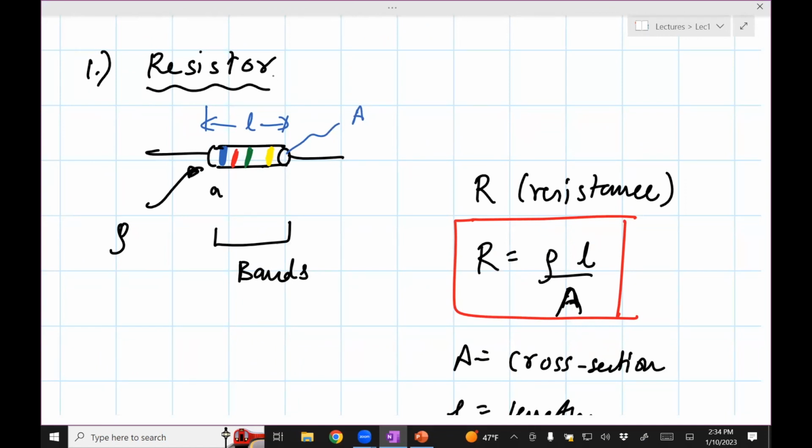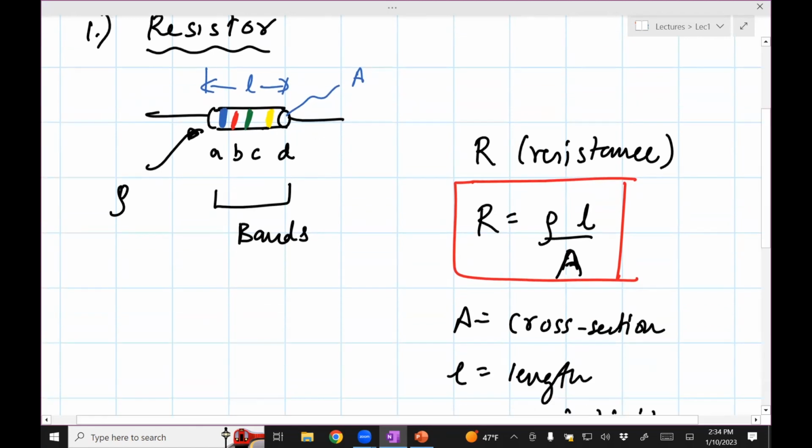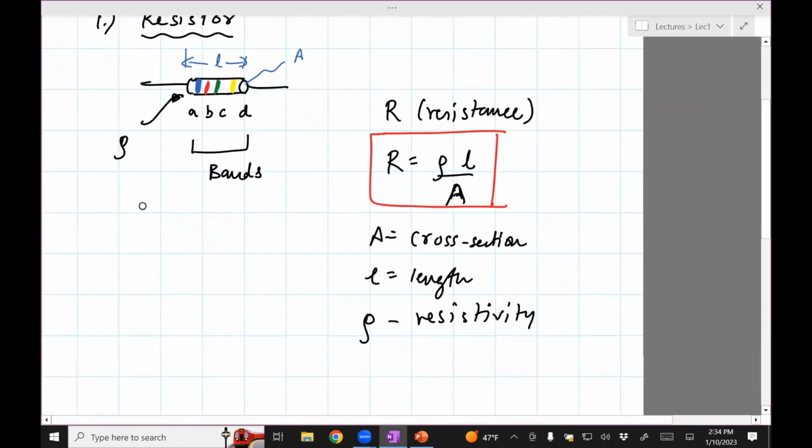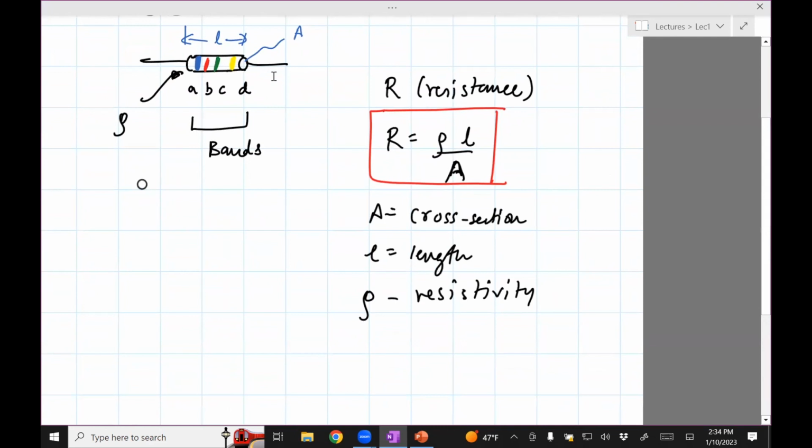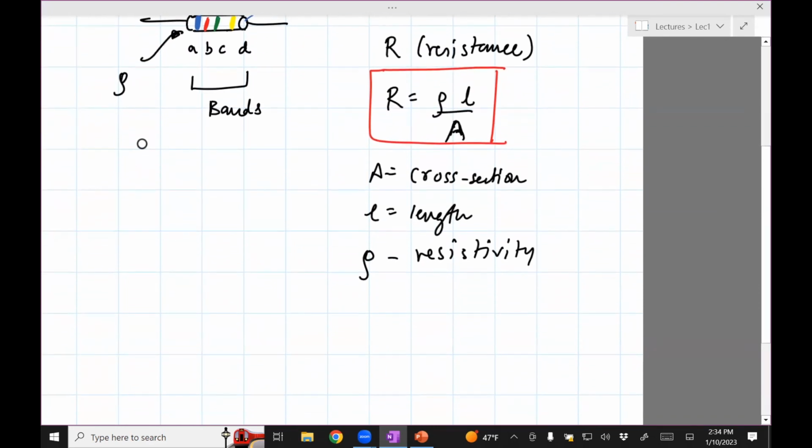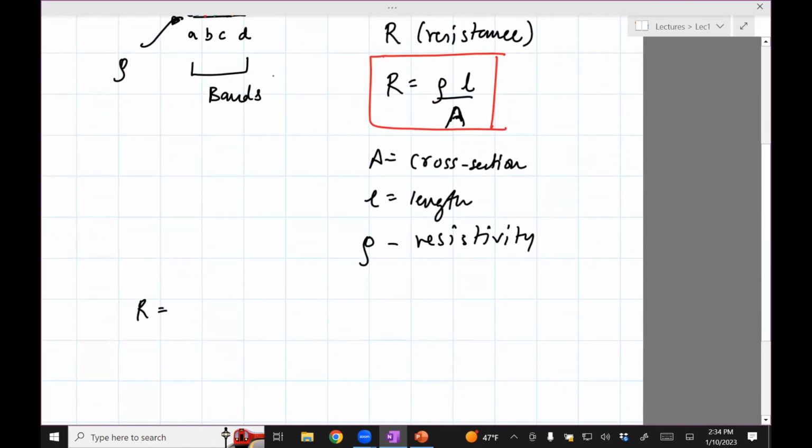Let's say that these are A, B, C, and D. If you want to read the resistance from these bands, then it's simply R equals AB times 10 raised to C, plus or minus the tolerance D.